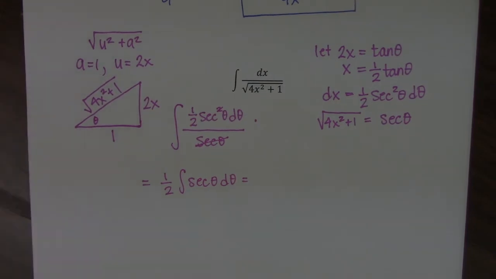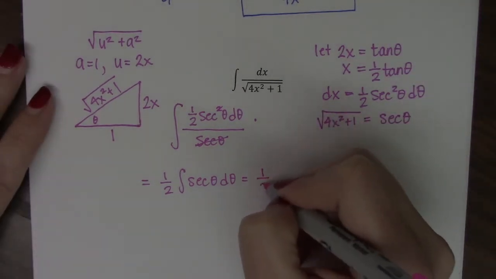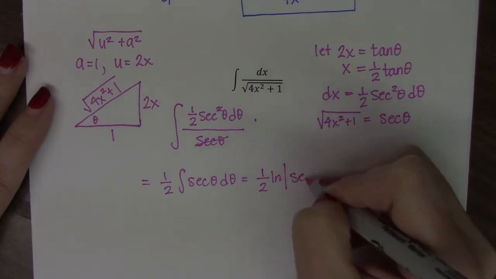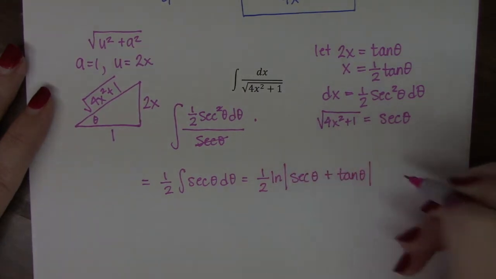The antiderivative of secant and cosecant are actually known. Remember that secant is 1 over cosine. Whenever you integrate something like 1 over u, it involves a natural log. So the antiderivative of this is the natural log of secant theta plus tan theta.